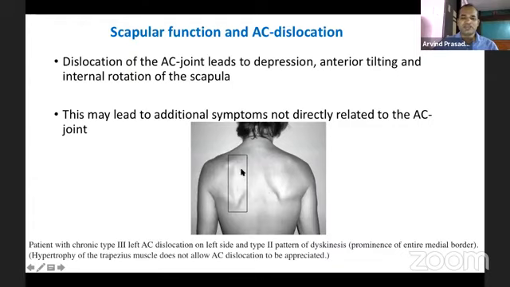Like here, we can see this is a type 3 AC joint dislocation, but it is not very prominent because of hypertrophy of the trapezius muscles. And the entire medial border of the scapula is prominent. So this is a pattern of scapular dyskinesia. That is one of the complications in an AC joint dislocation patient.